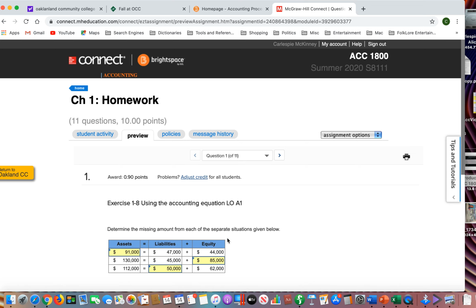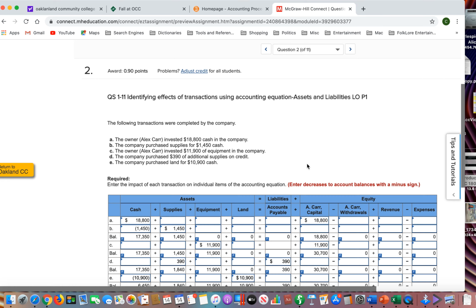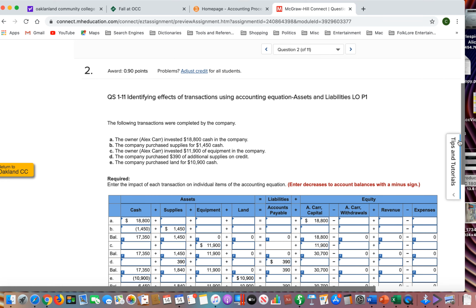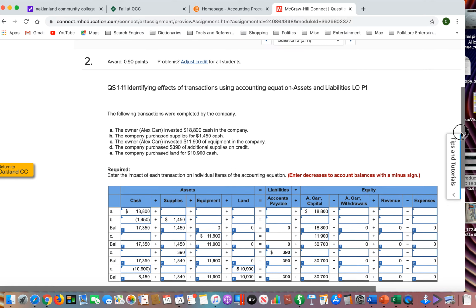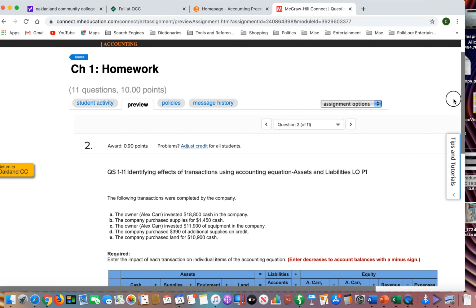But you notice here, assets got to equal liabilities plus owner's equity. The ones in yellow were missing. Okay? But anyway, let's see what we got here. And this is kind of what we did one by one on the slides. For instance, invested $18,800 in the company.